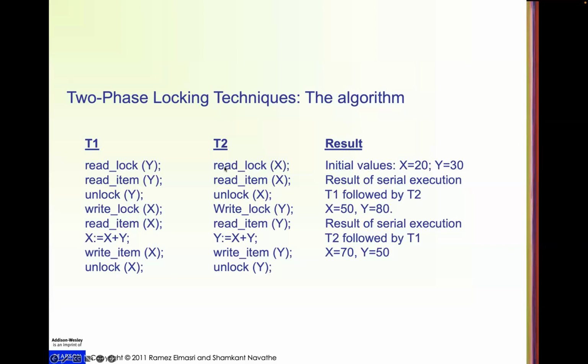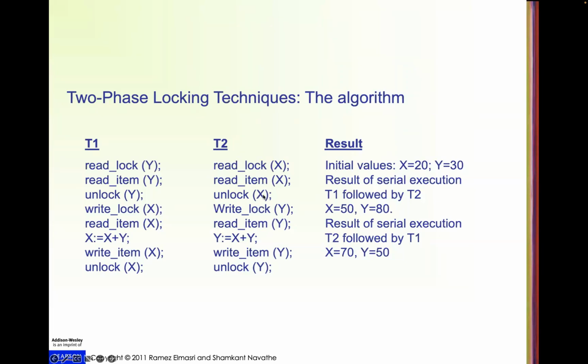Now, let us see how T2 works. When transaction T2 starts, it acquires a read lock on X. T1 made the value of X as 50, so we are going to use 50 here. T2 will read the item as 50.